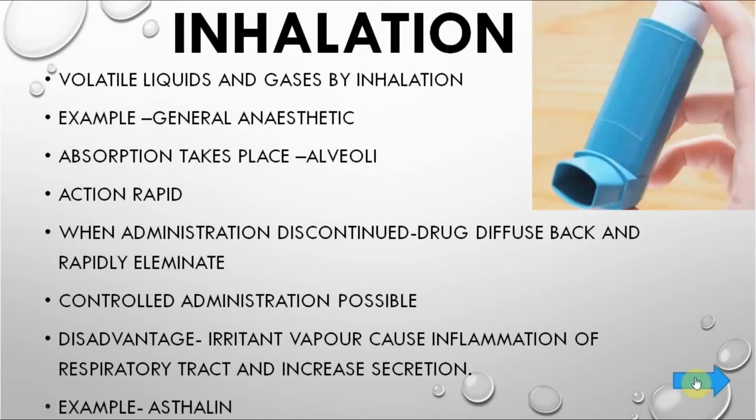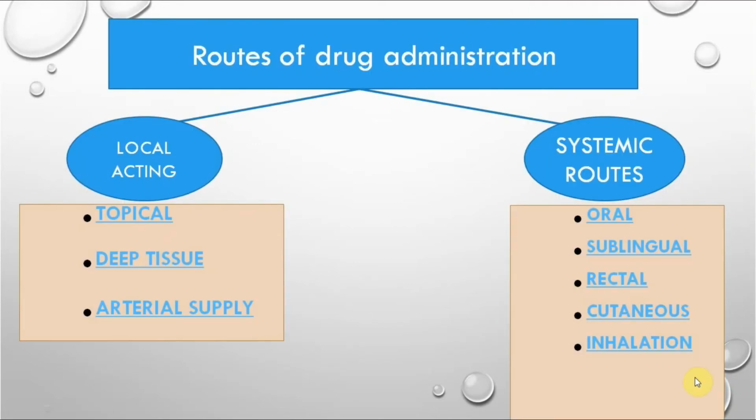Example is ether. Nasal. The mucous membrane of the nose can rapidly absorb many drugs. Digestive juices and liver are bypassed. Desmopressin applied as spray or nebulized solution has been used by this route.